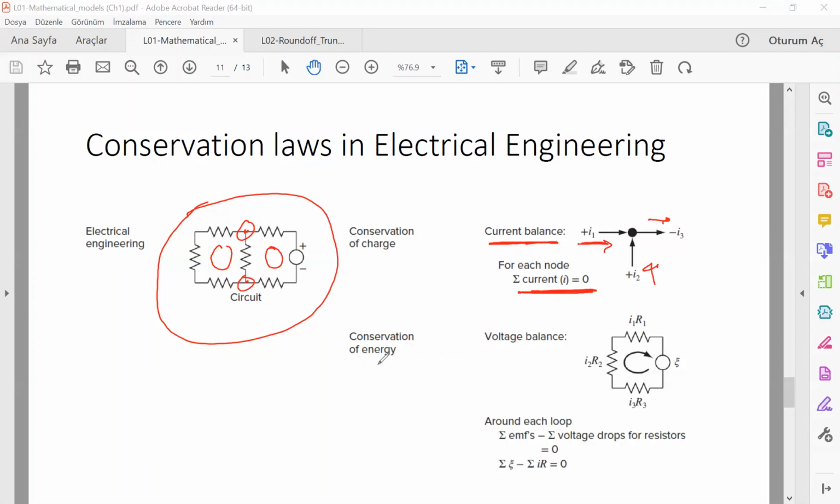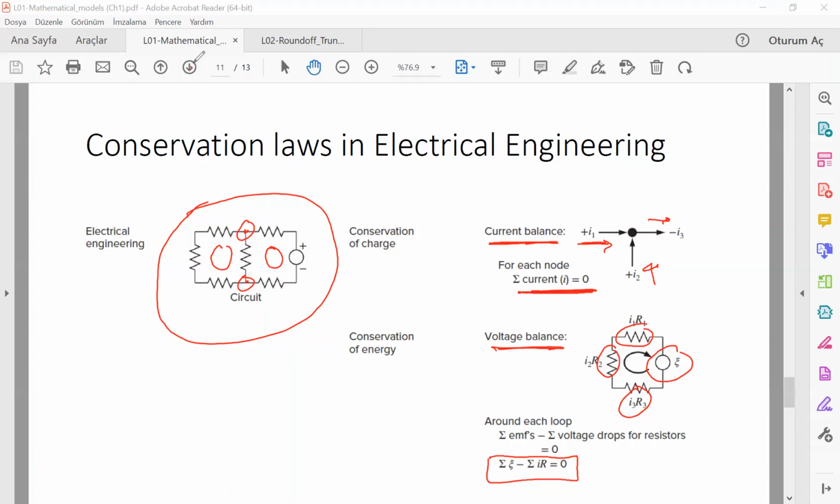On the other hand, for voltage balance, we can take a look at one of the loops here, take a direction of current, determine the voltage values across the resistors, and equate this to the supplied voltage. If the difference is zero, then there is a balance condition again. So we simply use conservation laws in electrical engineering.